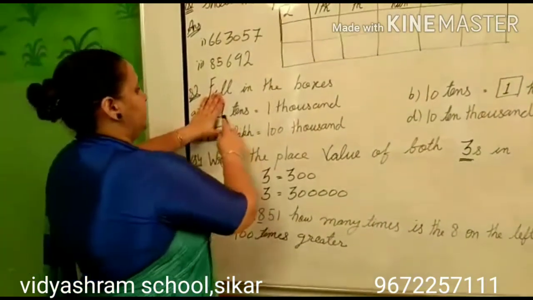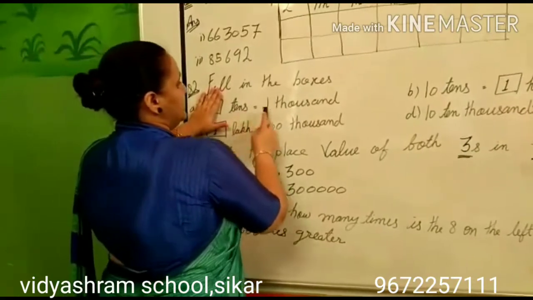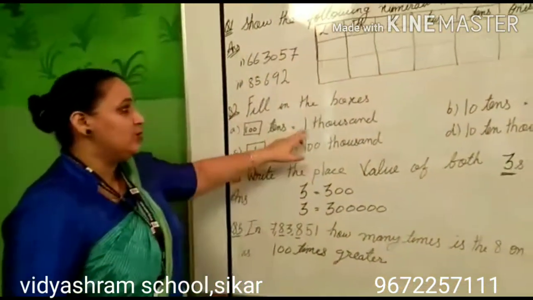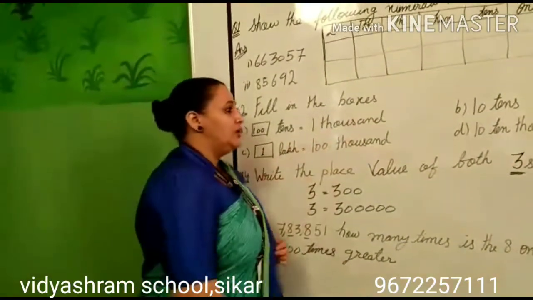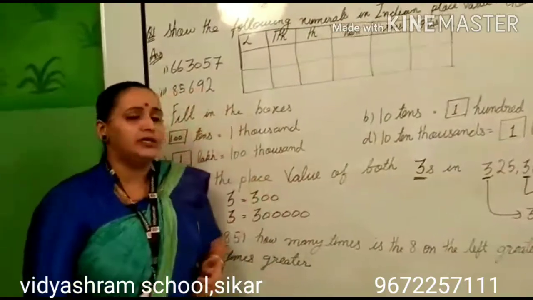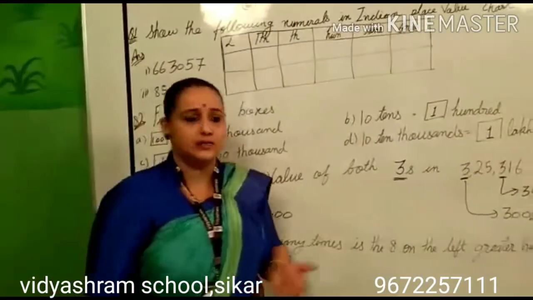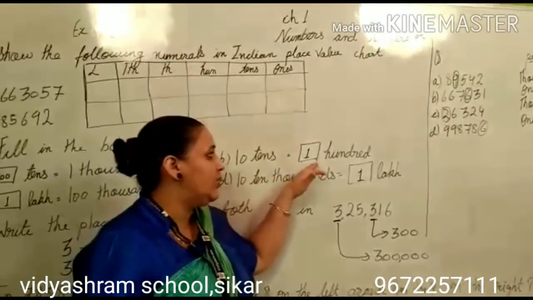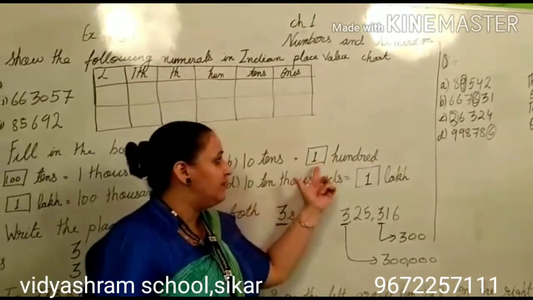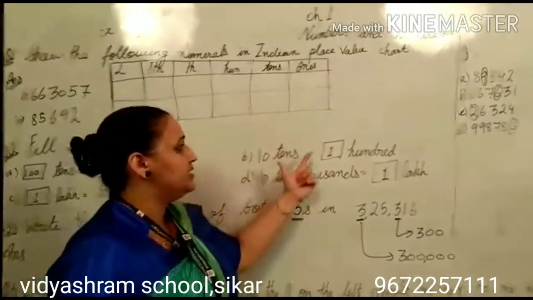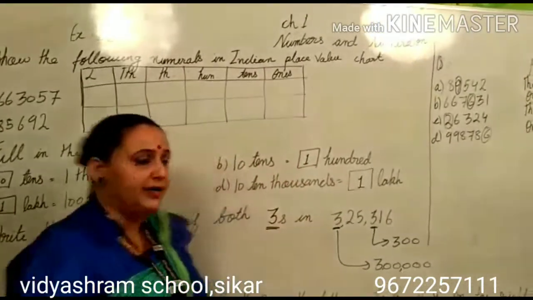Fill in the box: 100 tens is equal to 1000, and that is the units. Kids, these are the units, and you have to learn these things. And see here, 10 tens is equal to, you can fill in the box, 100. It means 10 tens is equal to 100.